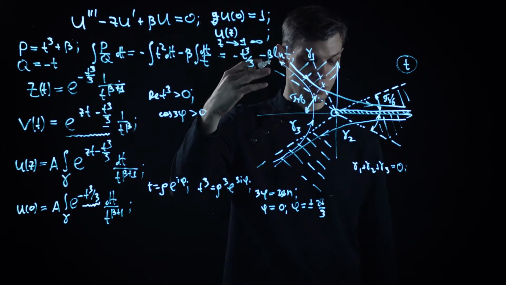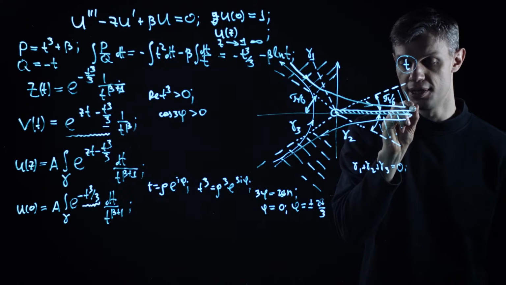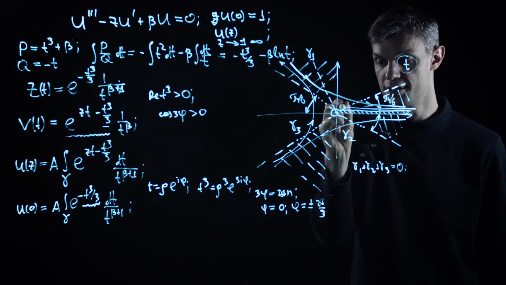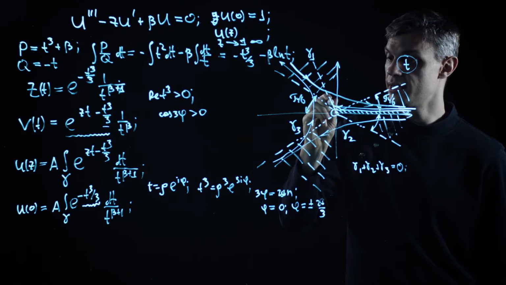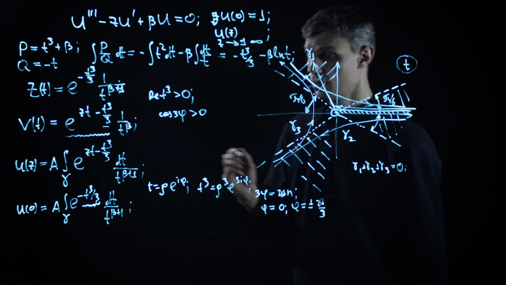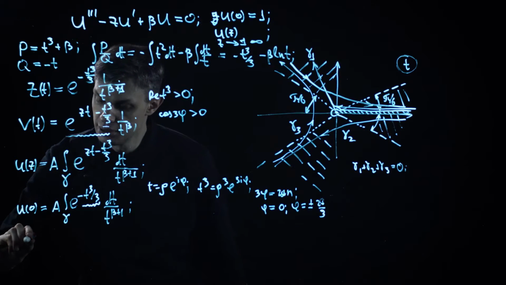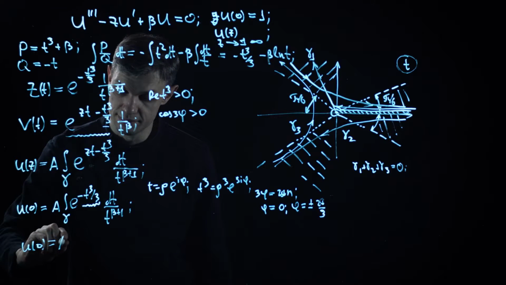We deform the contour so that it becomes a combination of two straight lines, the first one horizontal, and the second one inclined by 2 pi over 3. This way, the whole integral becomes a contribution of two gamma functions.